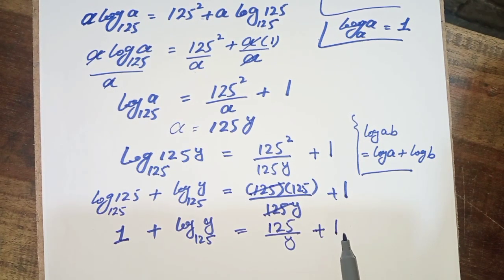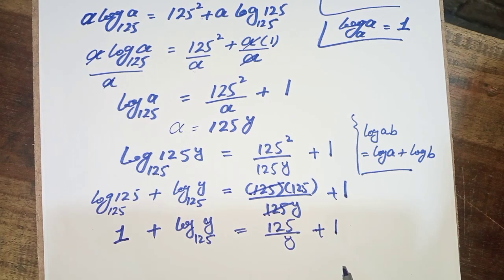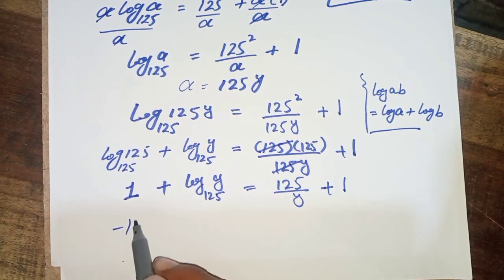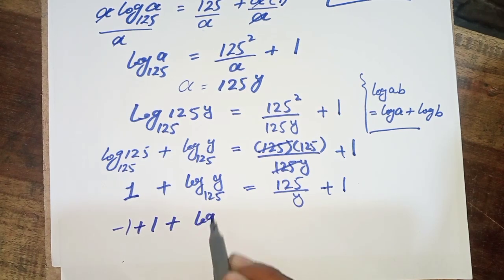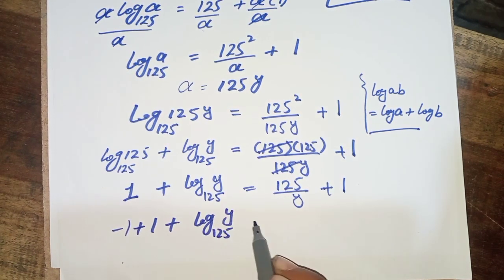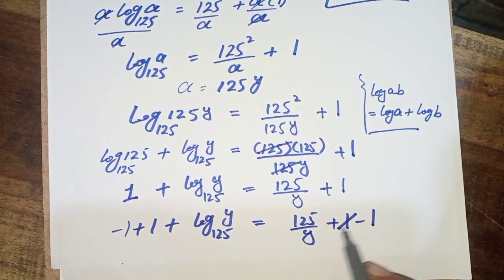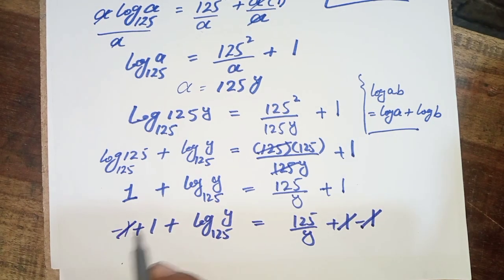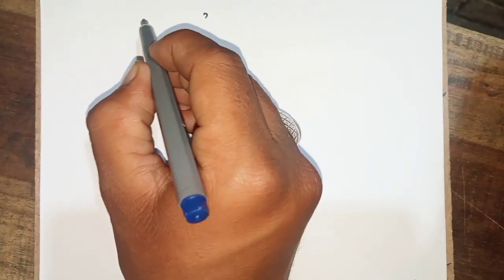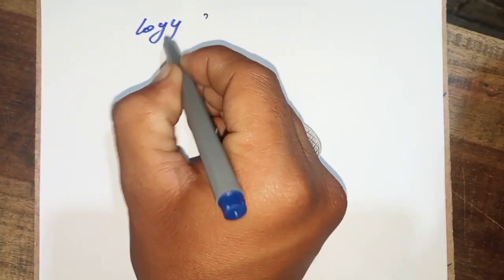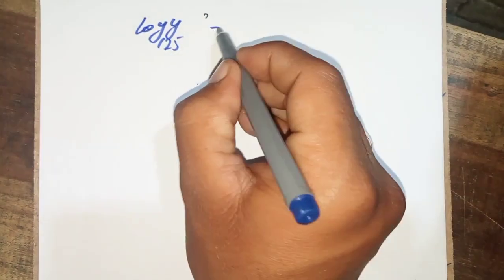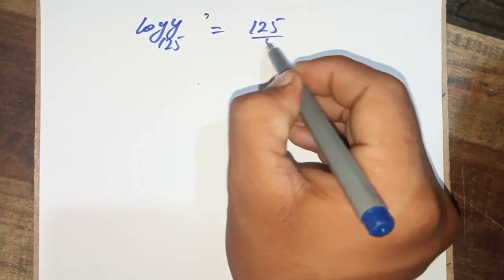Now students, we add minus 1 to both sides and cancel this plus 1 and this plus 1. Our equation becomes log base 125 of y equal to 125 over y.